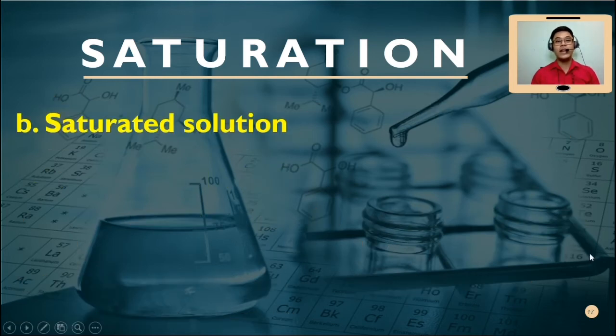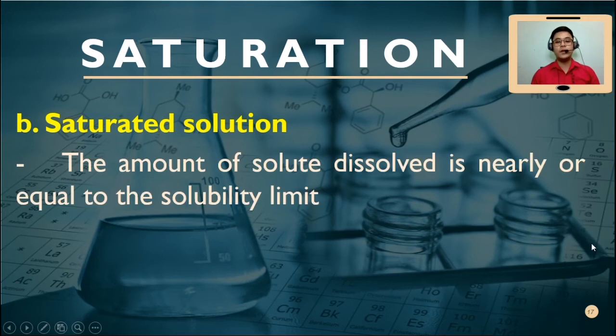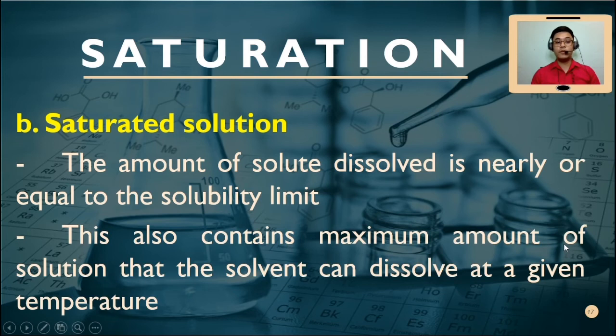Second, we have the saturated solution. So under the saturated solution, the amount of solute dissolved is nearly or equal to the solubility limit of a given solvent. This means the specific solvent is already close to the solubility limit, and it can still dissolve, but again, it is nearly hitting the solubility limit of the specific solvent. And moreover, this also contains the maximum amount of solute that the solvent can dissolve at a given temperature.